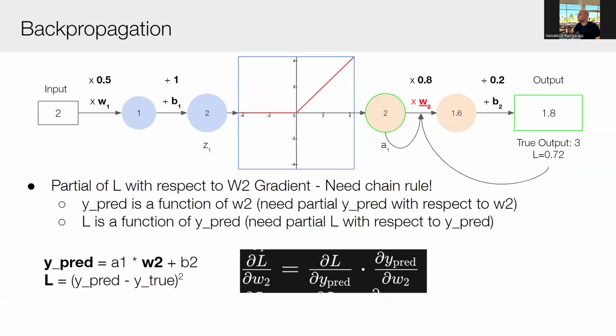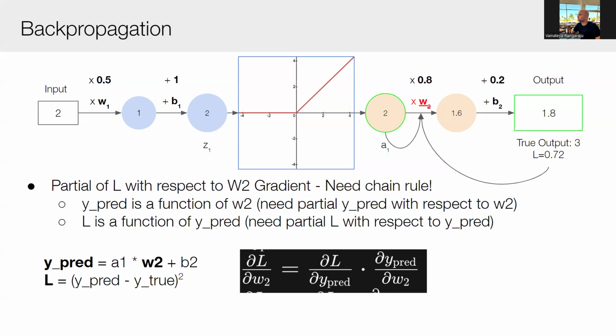But the main thing here is to notice how we have to use the chain rule to do this calculation. In order to find out how changing W2 affects the loss, we have to look at a composition of functions. The output Y prediction depends on A1 times W2 plus B2, but the loss depends on Y prediction.